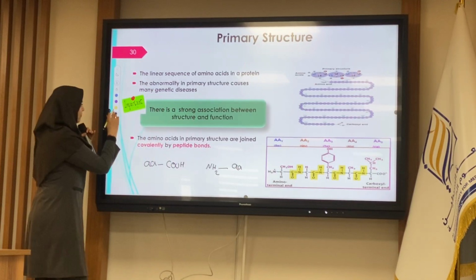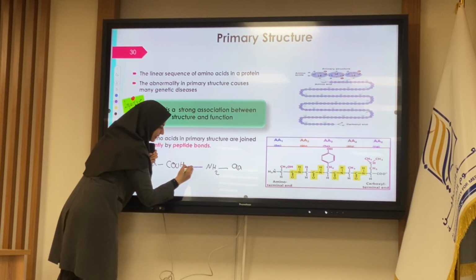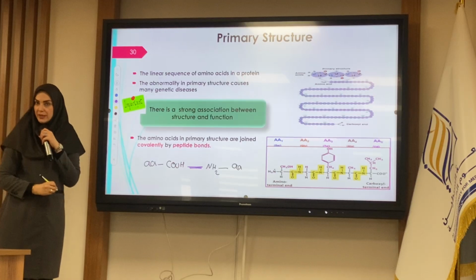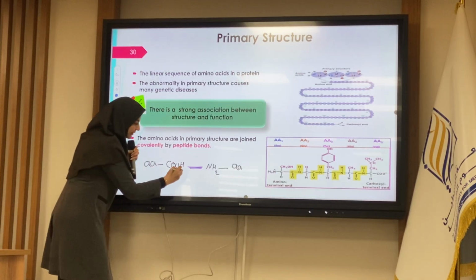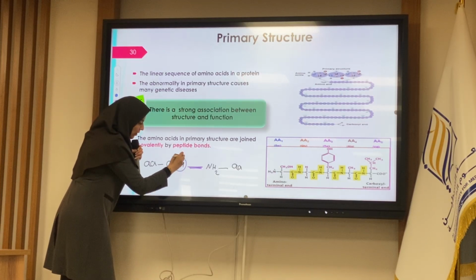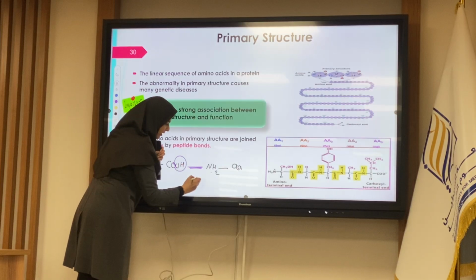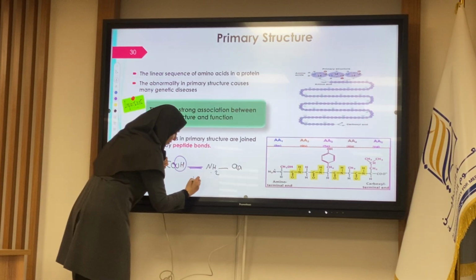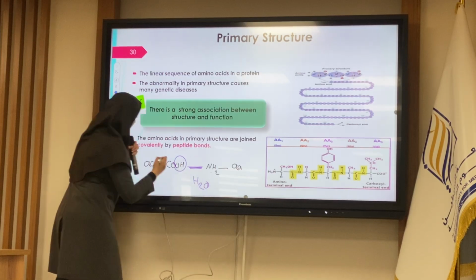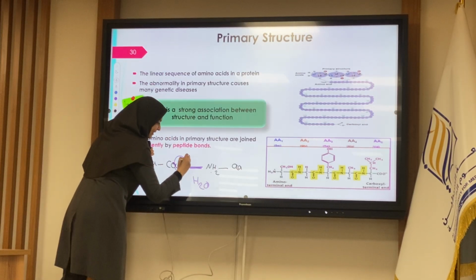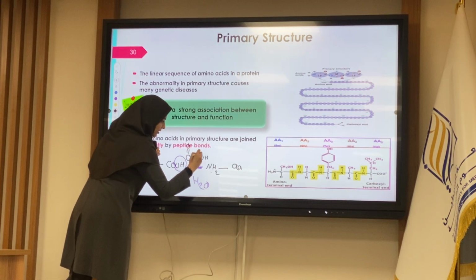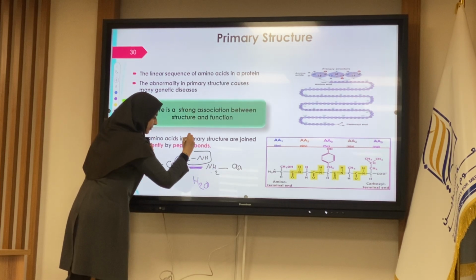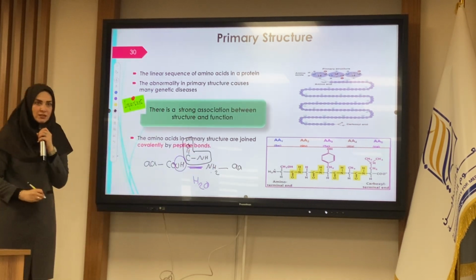They want to make a link. After releasing OH from here and one H from here, OH plus H means H2O, water. So what is the remaining structure? C double bond O, NH. So this is a very strong peptide bond.